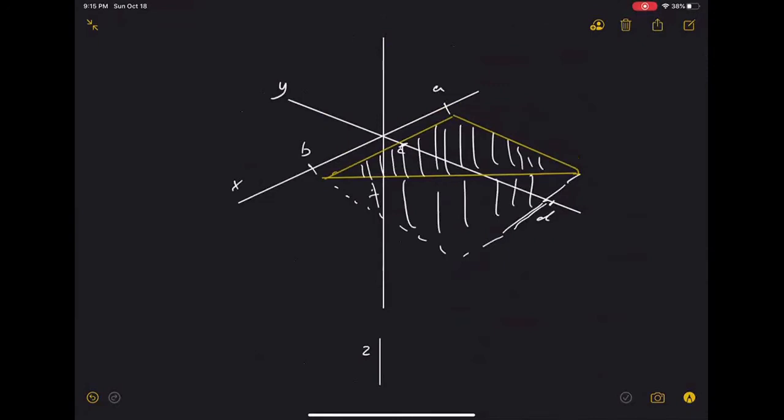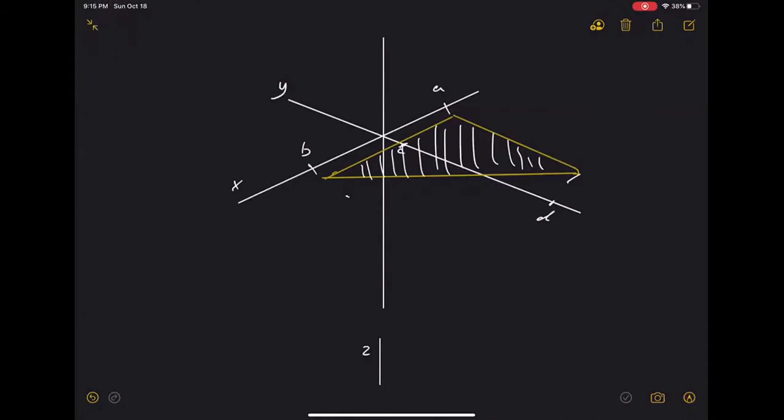But what about just a triangle? This is still fairly straightforward because, if I'm looking at the x-axis, this is still just an interval, from a to b.